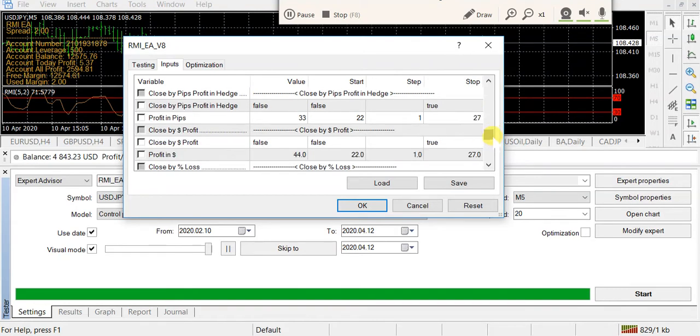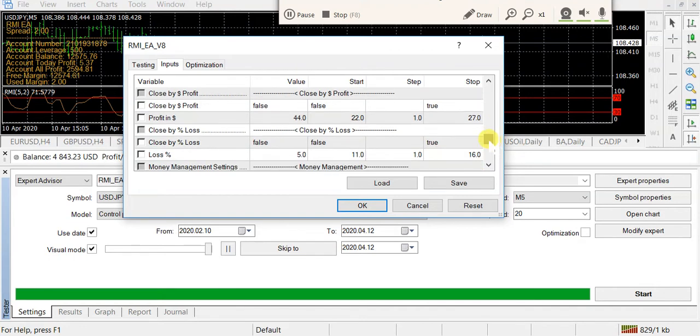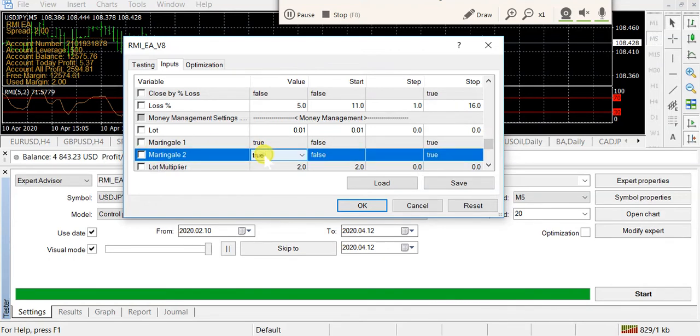I mean, if I got $1,000 in there, I'm not worried about losing $1,000 if I can make $500 a month. So let me turn off martingale number 2 and see if it trades any differently.